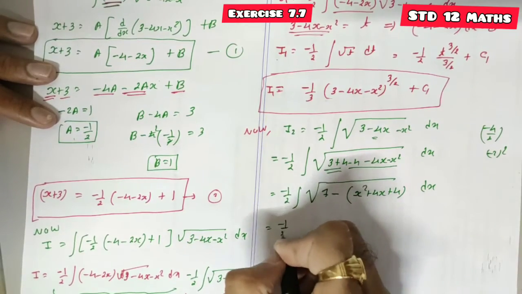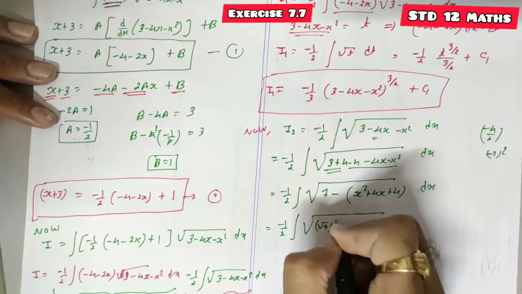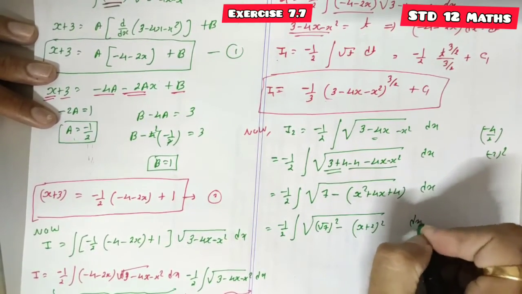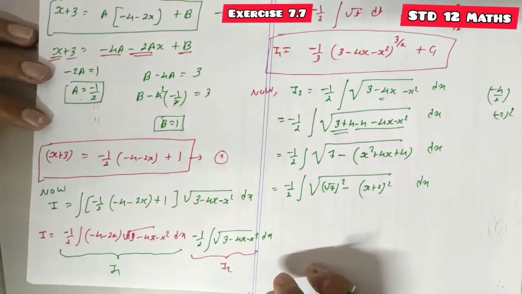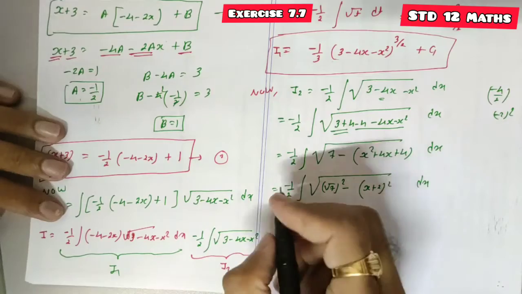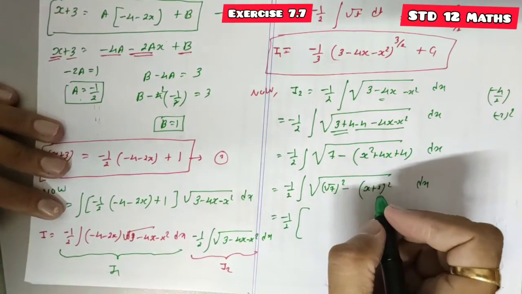So now this is our formula. It's a integration of 7 को लिखेंगे root 7 square minus x plus 2 square dx. Which formula is there? A square minus x square, है ना. A square minus x square क्या होता है, x by 2. It's a minus 1 by 2 into x by 2.